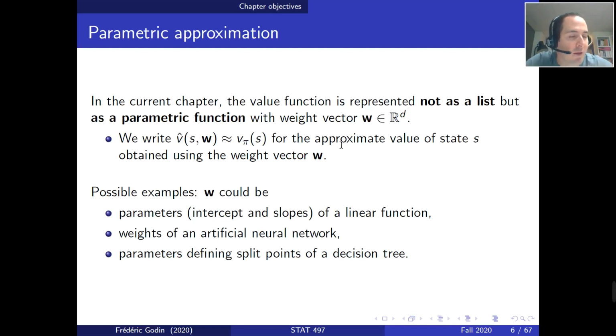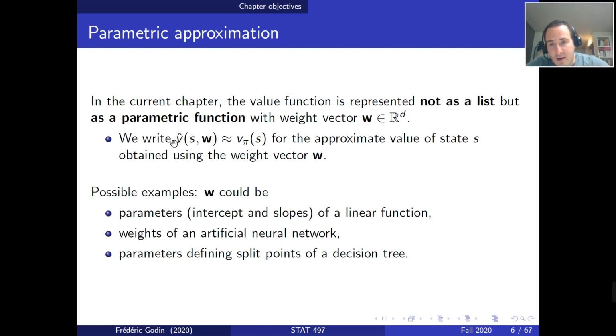We will call them either parameters or weights, embedded in the vector W here, which is d-dimensional. Okay, so we will use the following approximation: the true value function for our policy pi in a state S will be approximated by the parametric function v hat with parameters W.